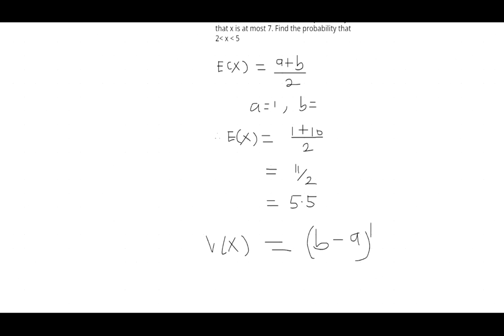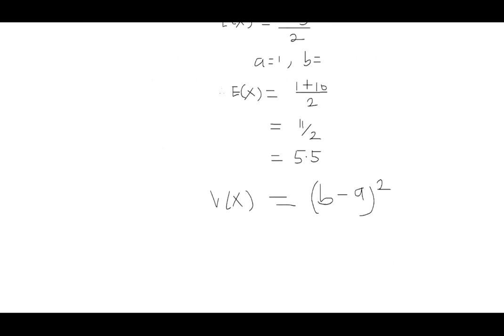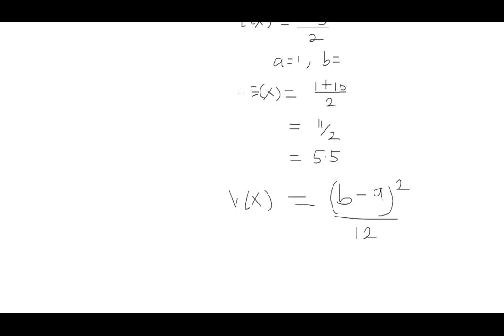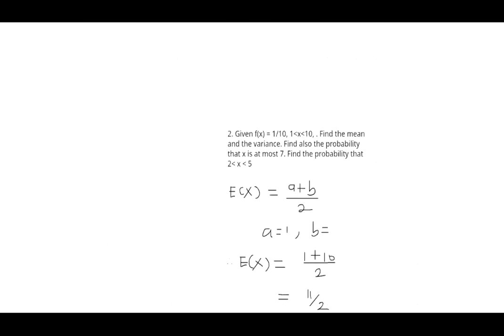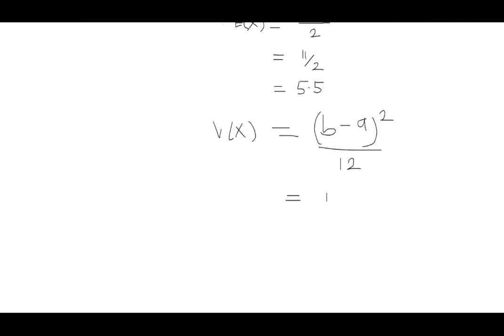And that will be, in this case, because the questions are similar, this is what we have. A is 1, B is 10. So we are going to have 10 minus 1 all squared divided by 12. And you will notice that we seem to have the same variance.